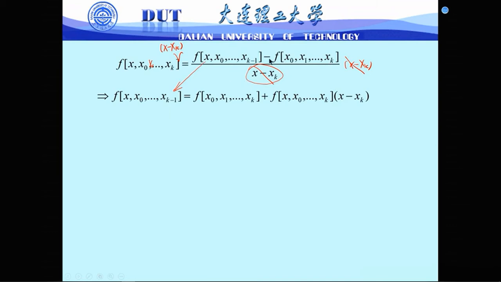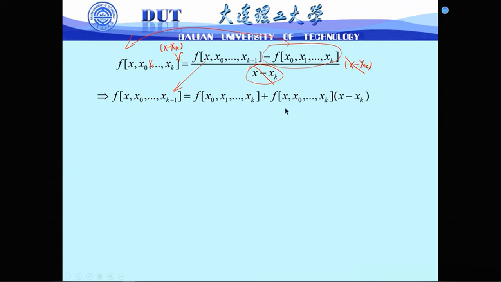This term, you should know, we move to this side, so from negative to positive. So here f[x0, x1 to xk] plus this term, f[x, x0 dots to xk], multiply x minus xk. It's okay for you?